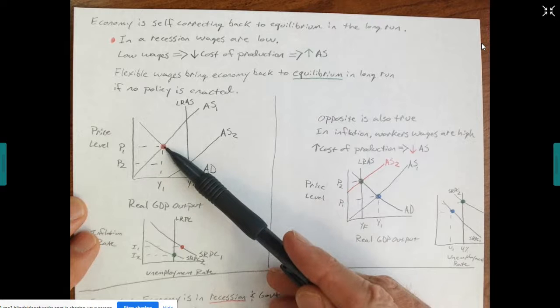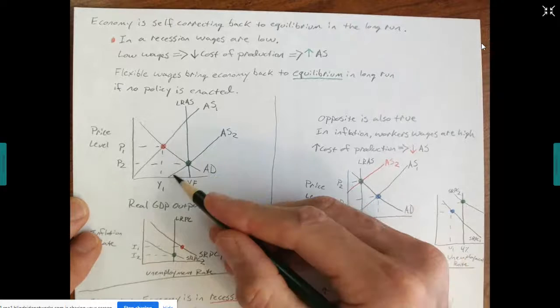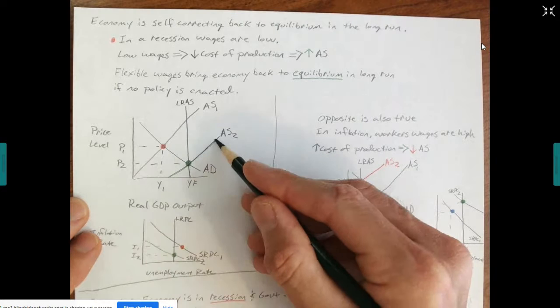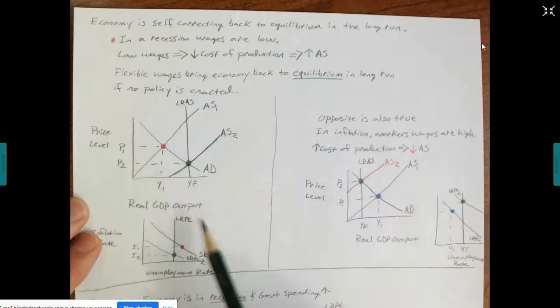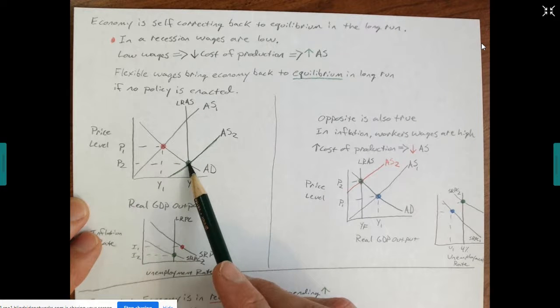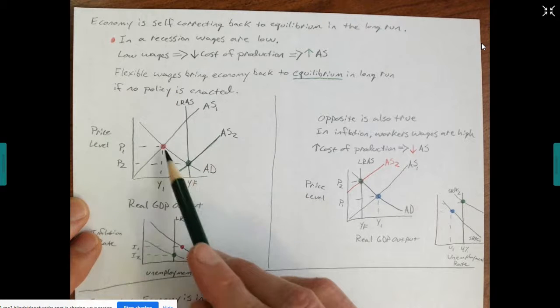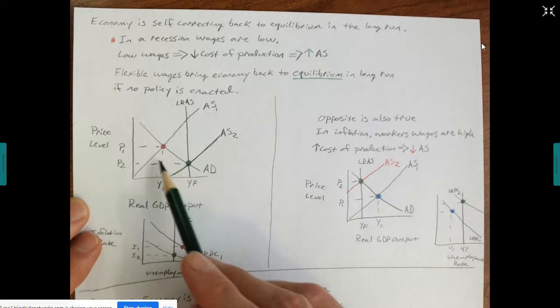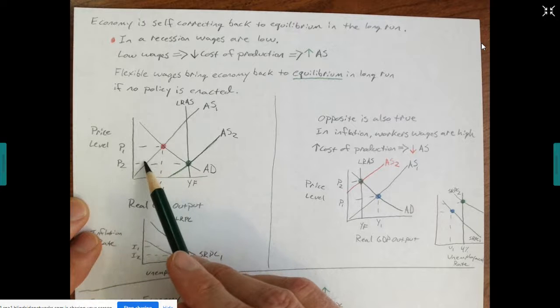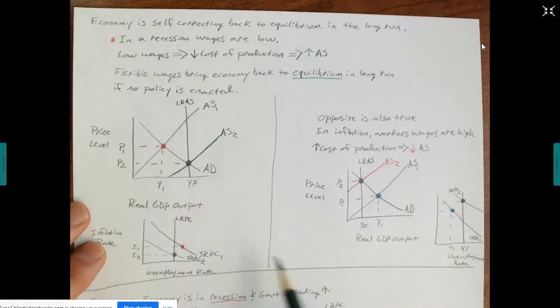If the economy starts off in a recession with low worker wages, that lower cost of production, all of a sudden, you're going to see that aggregate supply is able to make this shift to the right. This rightward shift of aggregate supply will bring us to equilibrium because of these flexible wages. As aggregate supply increases, prices drop and output increases.